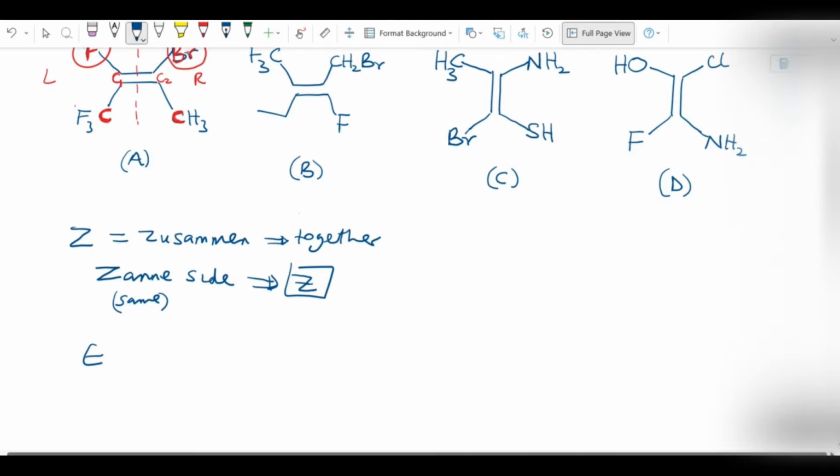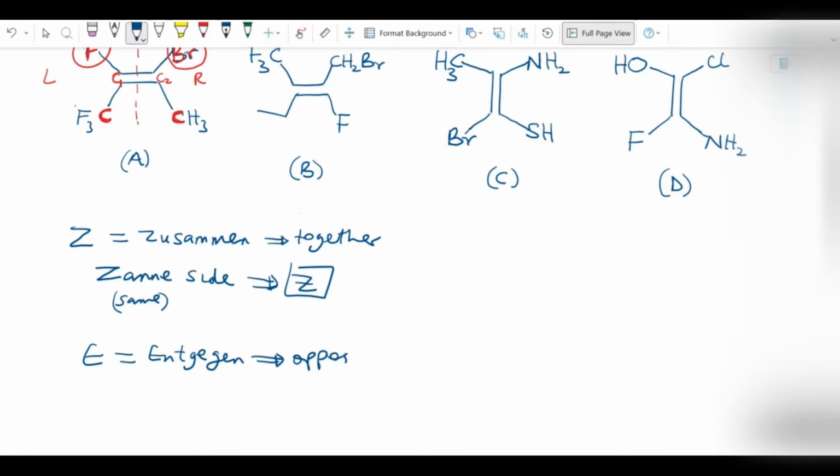Then E is derived from the German word entgegen. I'm not sure if I'm saying that correctly. And this literally means opposite.